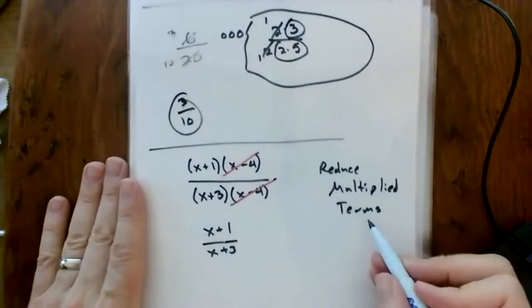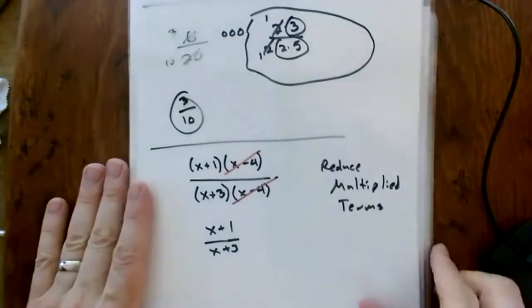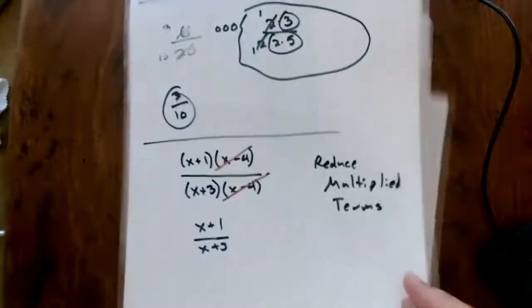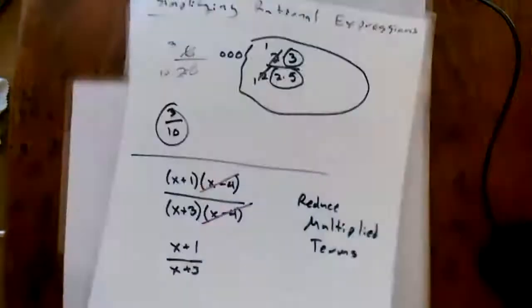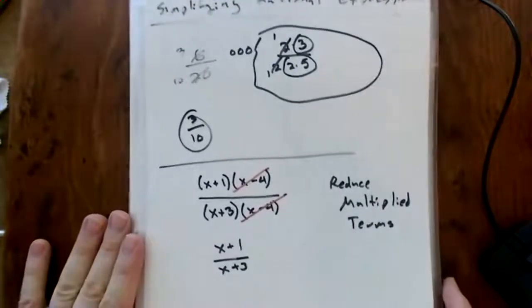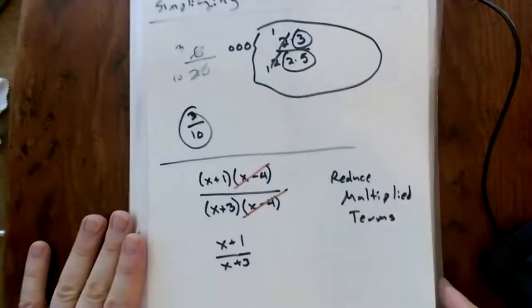And the name for that multiplied term is a factor. So the next steps here, when we're doing something like this, is, of course, to factor it and then reduce. So let's show you what that would look like.